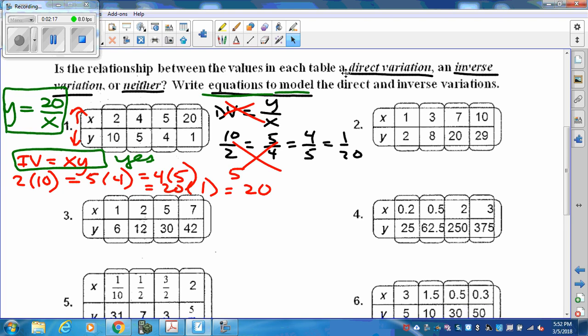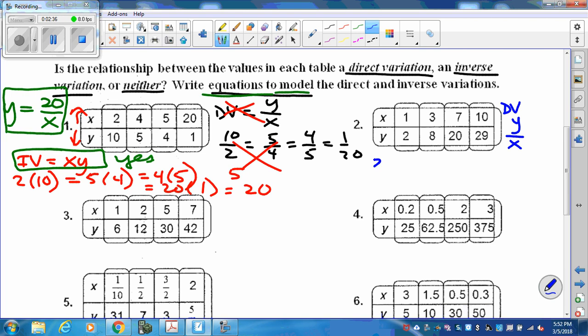I'm checking to see, again, if that is inverse or direct. So x is getting bigger, and y is also getting bigger, so it could be a direct. If I want to check for that, I'm going to do y divided by x.